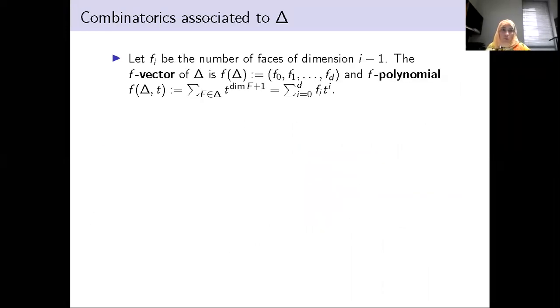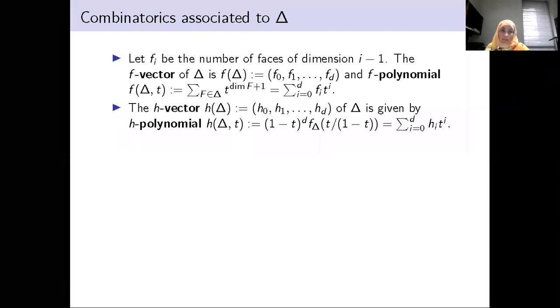Okay, now we will define the combinatorics associated to a simplicial complex. We count the number of faces of dimension i minus 1, which I denote f_i, and we consider this vector, which gives the number of faces in each dimension. The associated polynomial is called the f-polynomial of this simplicial complex.